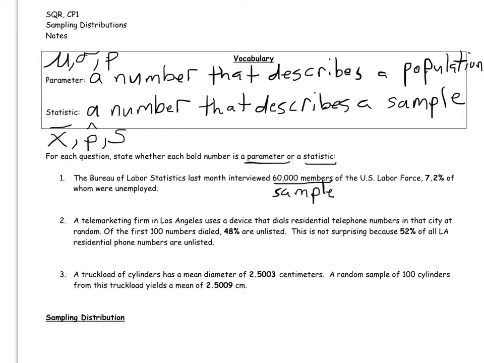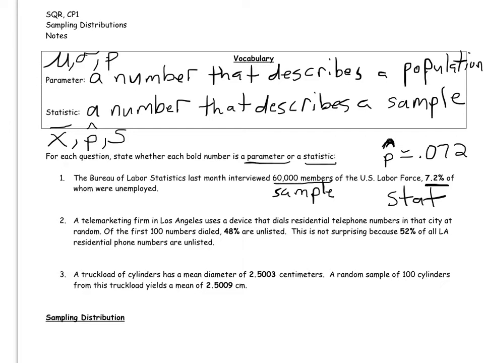The percentage coming from this sample of how many people are unemployed, that's a statistic. That 7.2% is a number that describes the sample. So that's a proportion coming from a sample, and I would call that p hat, p with a little caret over it, equals 7.2%. That's a statistic.